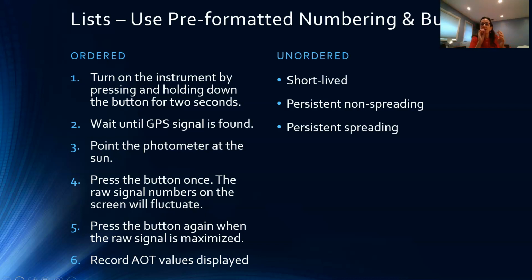If you just enter your own numbers or your own hyphens or stars or little things to indicate the bullets, visually that will make sense. But with a screen reader, that will not make as much sense. The screen reader will not know that there is a list coming up and how many items are on the list, right off the bat. So just use the built-in numbering and bullets options.